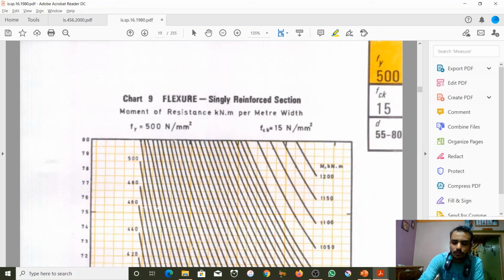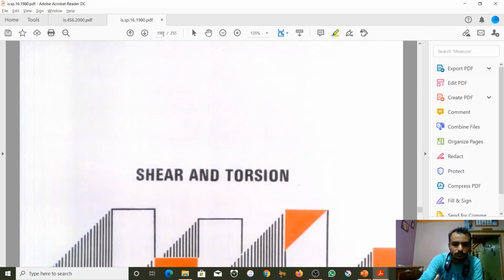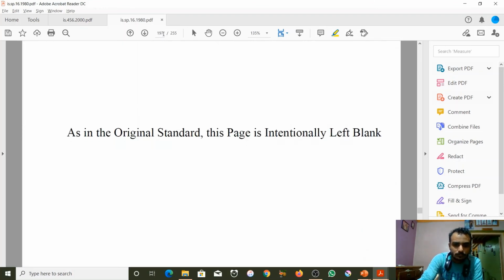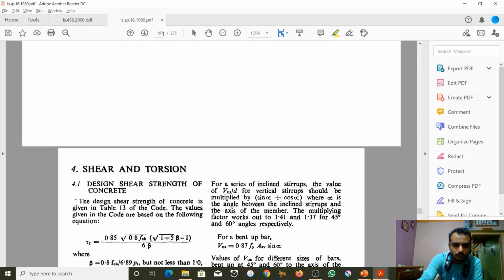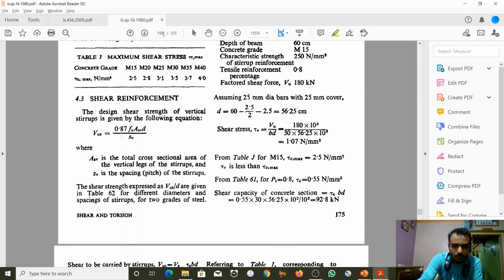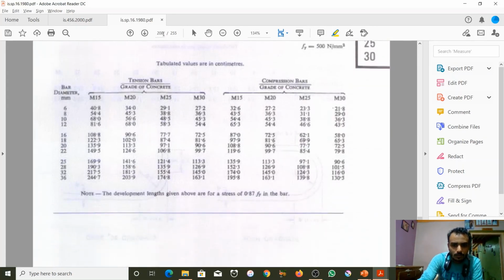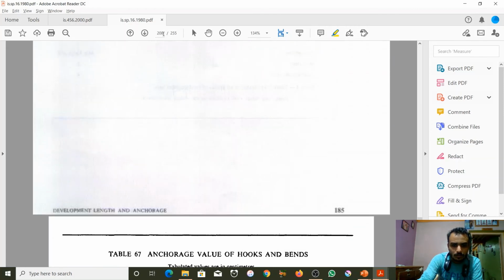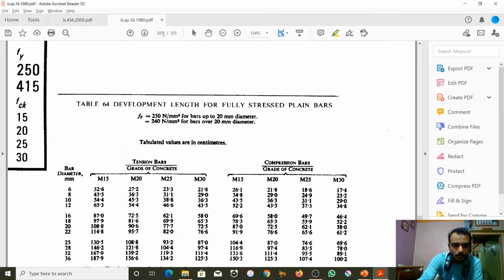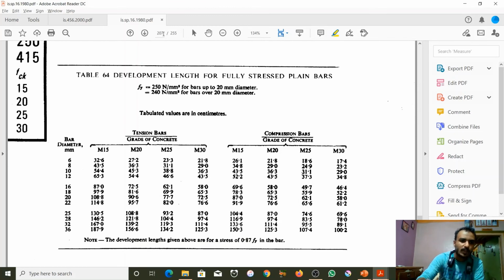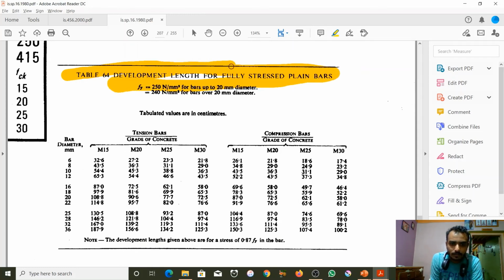Page number 184, table number 64. This table gives the development length for the fully stressed bar.